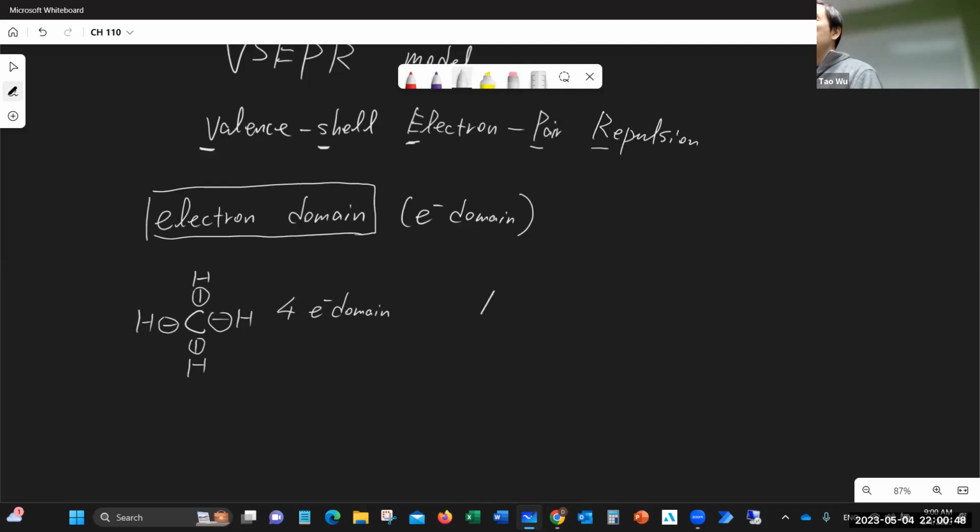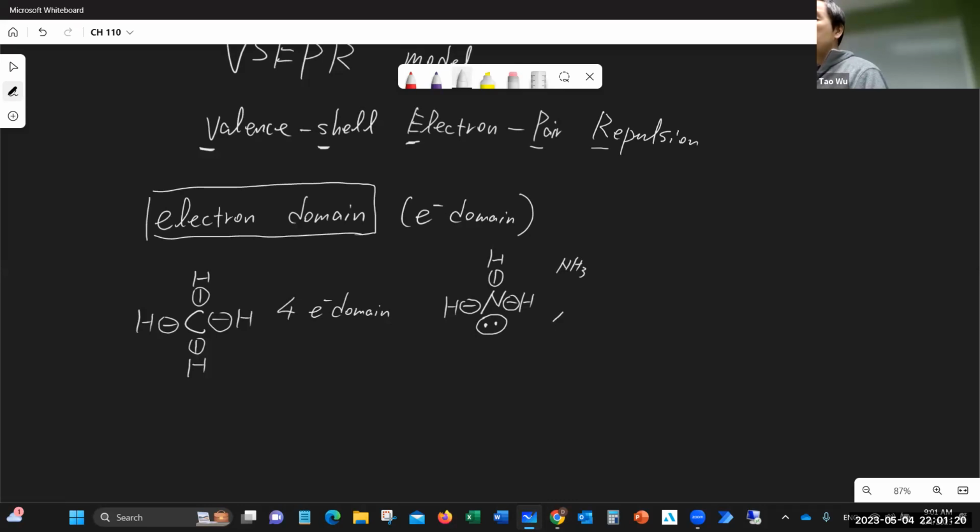And if we say ammonia, NH3. If you draw the Lewis structure for ammonia, that's NH3. Looking here, they have 3 bonds, and also they have 1 lone pair, and each of these also counts as 1 electron domain.